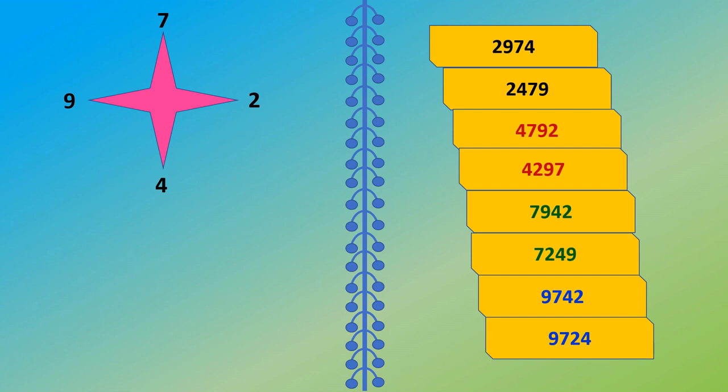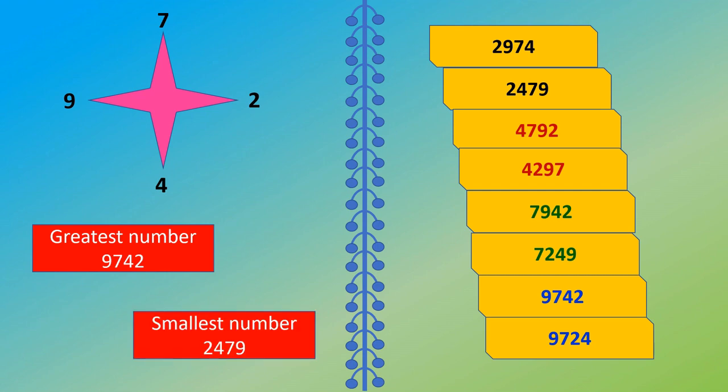Let's see which is the greatest and the smallest number. If you look carefully, you will see we have 9742, which is the greatest of all the numbers, and 2479, which is the smallest number.